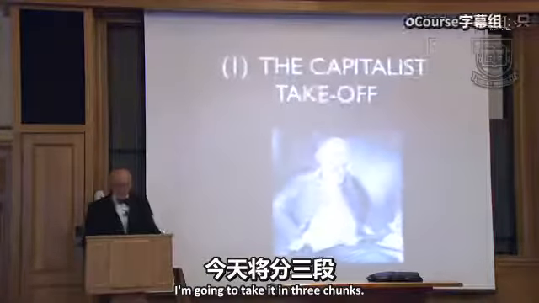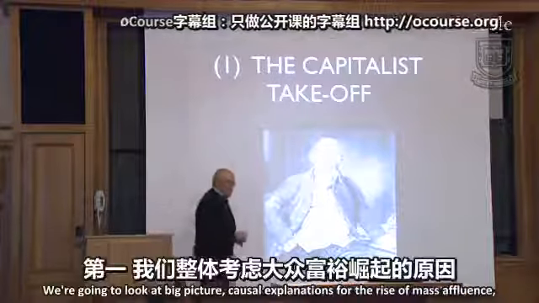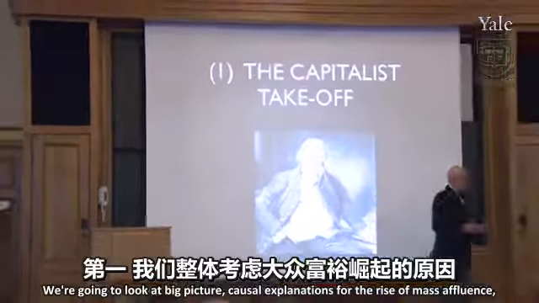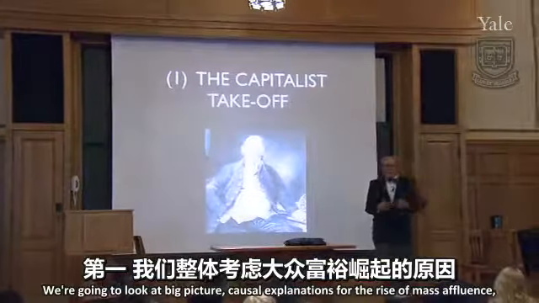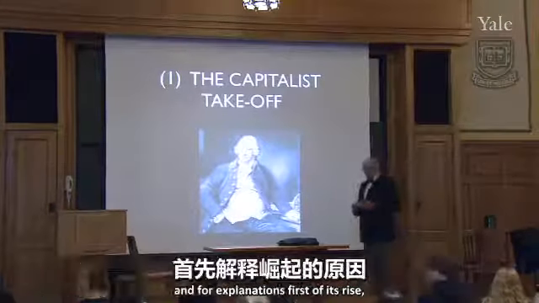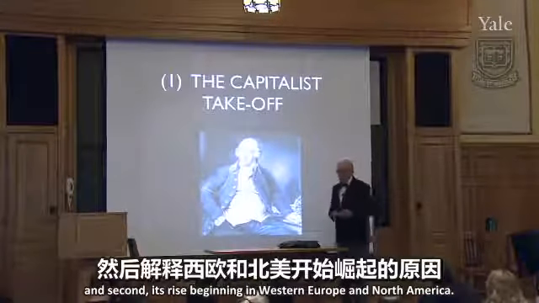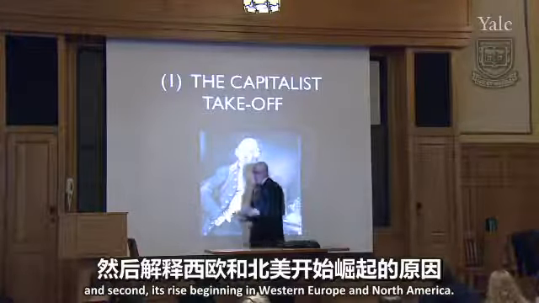I'm going to take it in three chunks. We're going to look at big picture causal explanations for the rise of mass affluence, first for its rise and second for its rise beginning in Western Europe and North America.